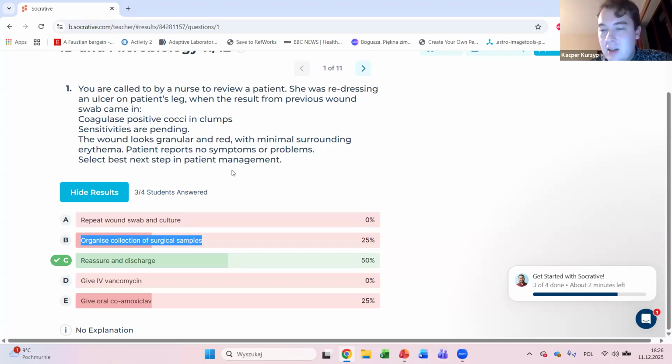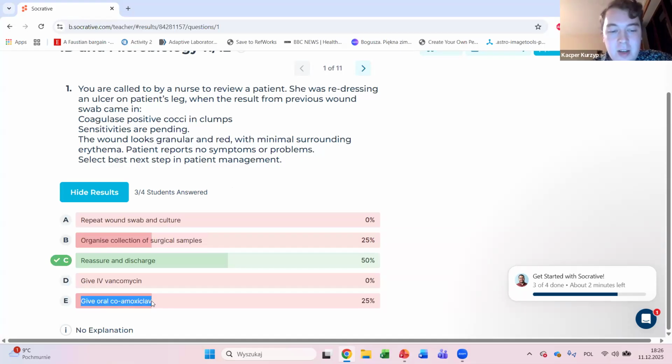But this one is unlikely to be infected, so there is no need for that. However, it would be a very good answer if there was an infection syndrome. So if the wound was draining pus, was not healing, was looking a weird color. But good thinking, you just have to remember the first question of our diagnosis pathway. Is there actually an infection syndrome?